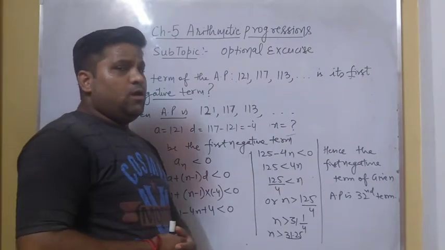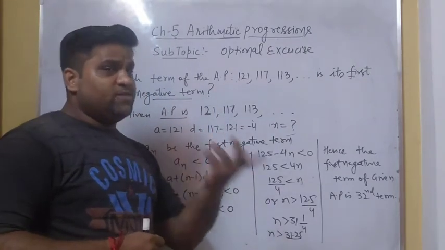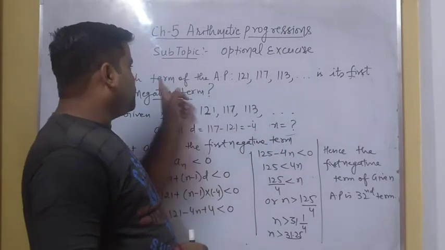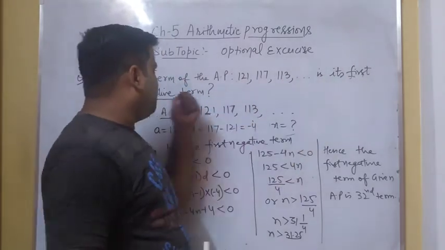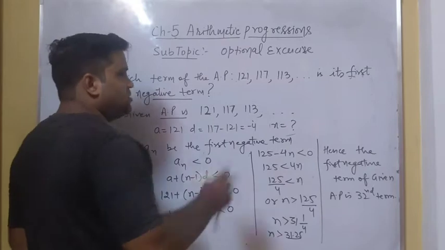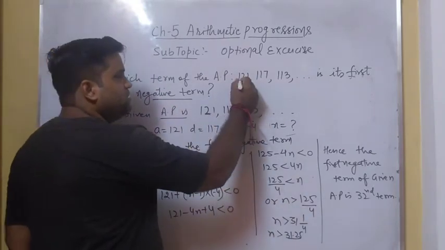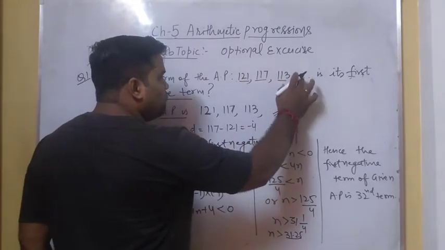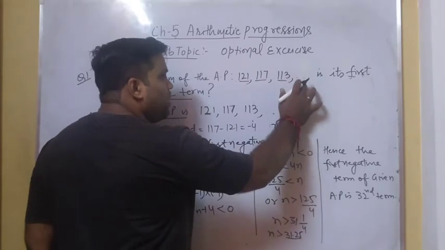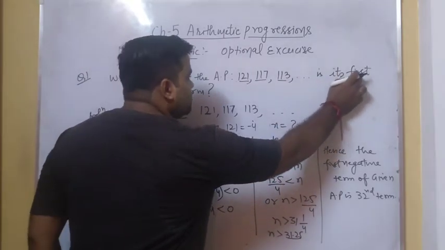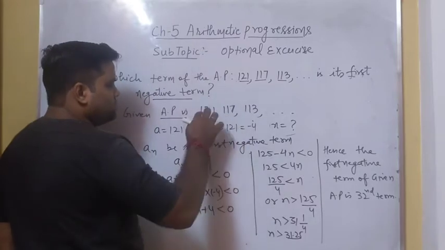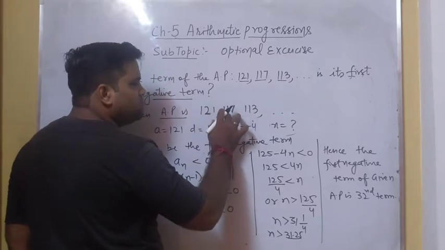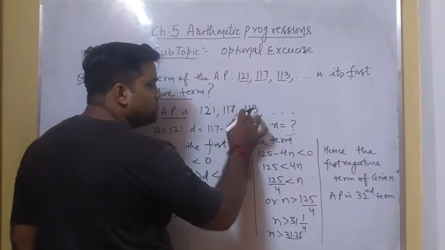Here in the question, what is given? Our AP is given, but we have to find which term of the AP is its first negative term. Our given AP is 121, 117, 113. As we know, in the given AP the first term is 121, second term is 117, third term is 113.